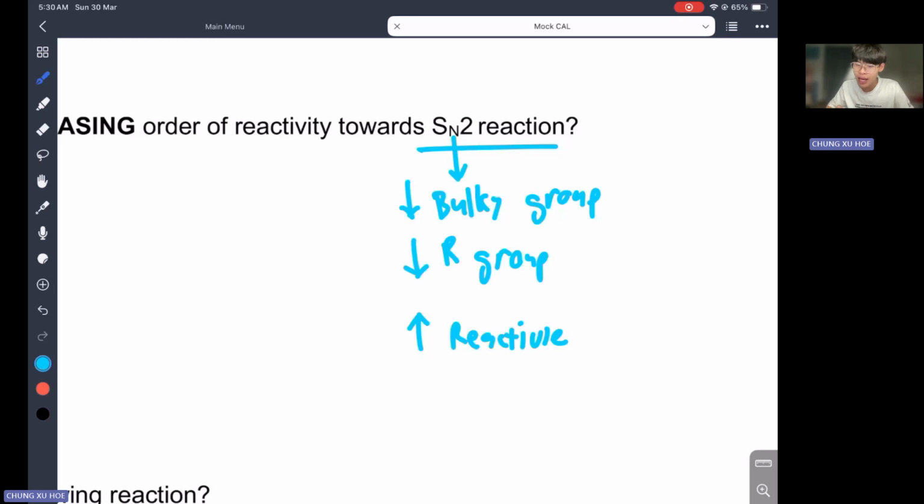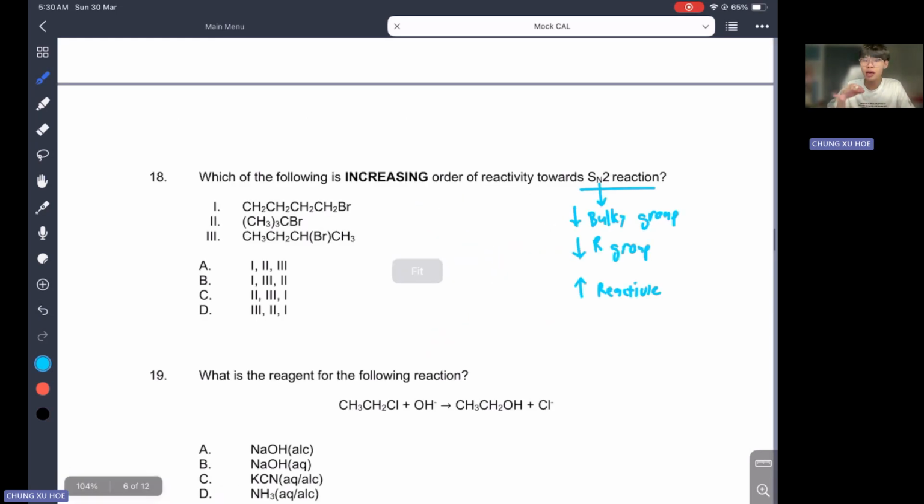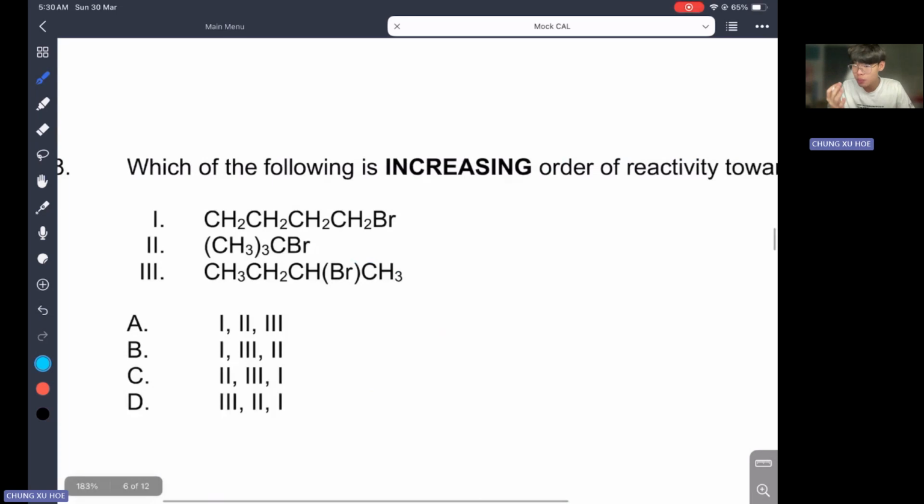This is what I remember. So we need to see which one has the most R groups, more bulky, that will be the least reactive, and those with fewer R groups are most reactive.